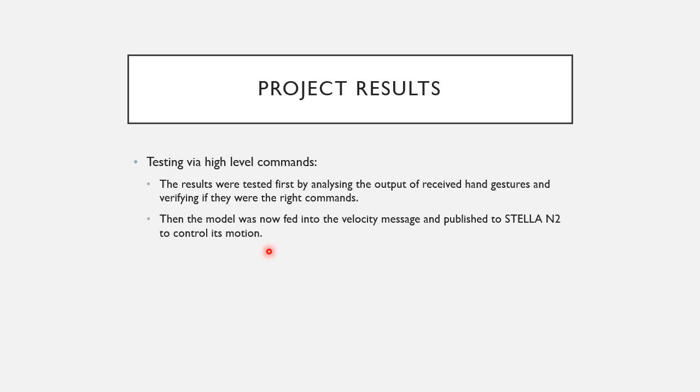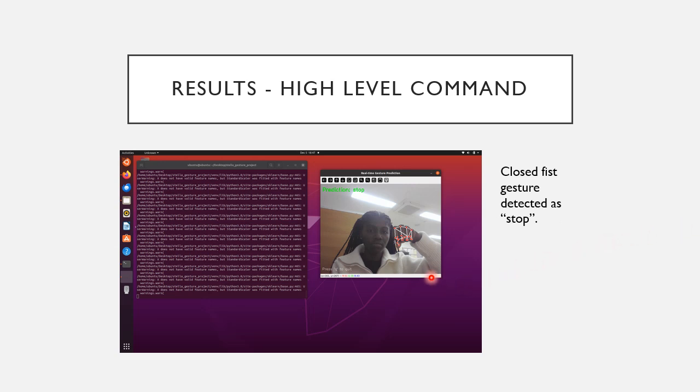In the testing via high-level commands, we tested to see whether the gestures that were made towards the robot will produce the right high-level commands. For example, this is when I did a closed fist. So this closed fist produced the prediction stop. And so that meant that it had worked, the model had learned based on the data accurately, and so it produced stop when in real time I gave it a closed fist.